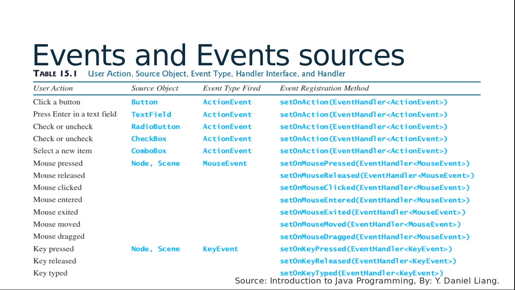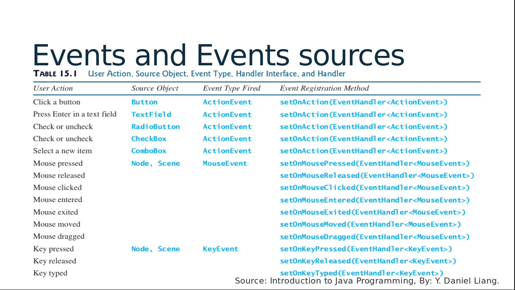So these are the different user actions, and those user actions are performed somewhere on an object. Based on the object, we have an event type, and from those event types, if we want to have a handler for those events, then those handlers must be registered with the methods listed in the last column.